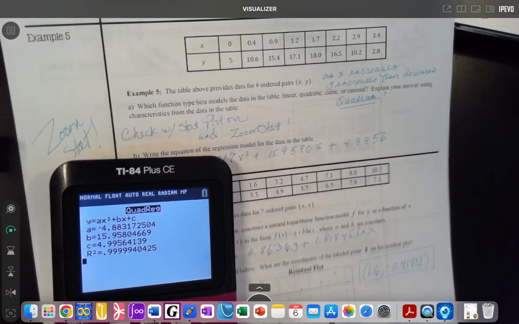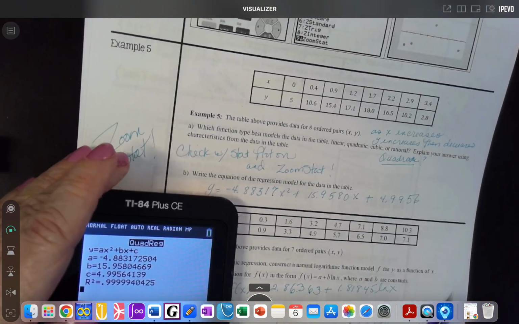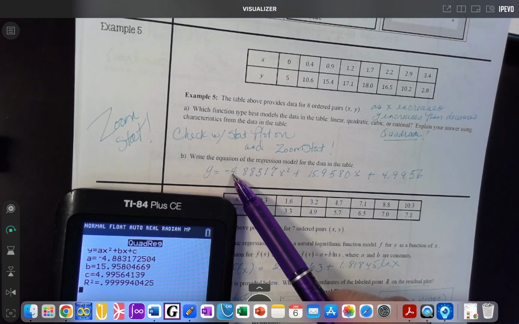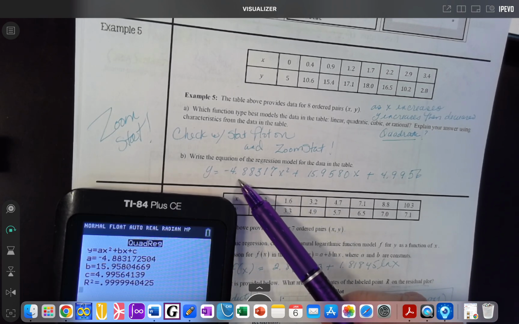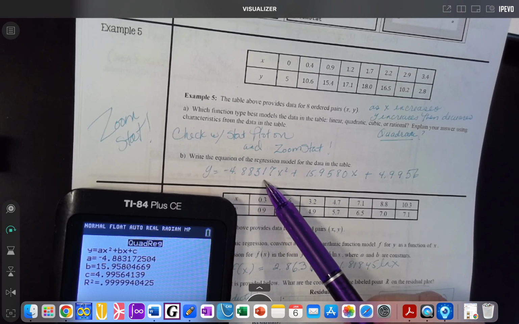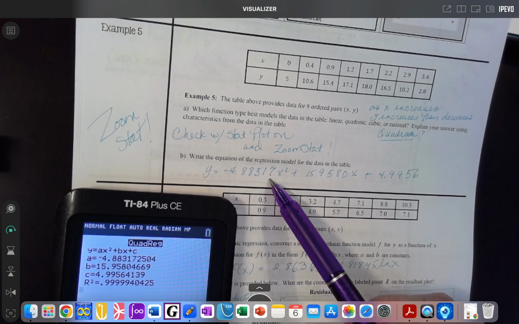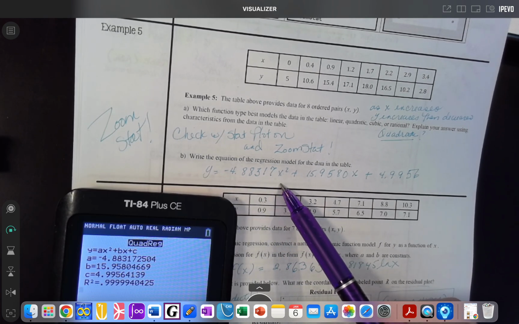Okay, so if we look at our calculator and then our equation, what we had in our calculator, we had y equals, and a was negative 4.88317. Now I'm going all the way out, as you know, 1, 2, 3, 4, 5 decimal places, just to give a really good equation, x squared, because the more you round it, the further off it'll be.